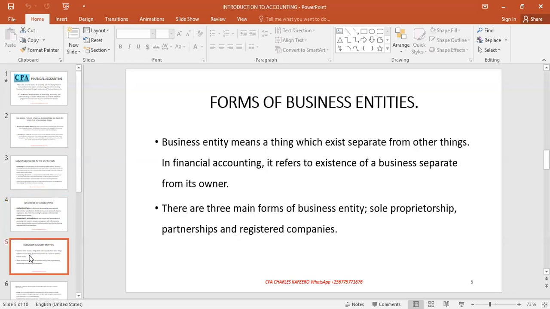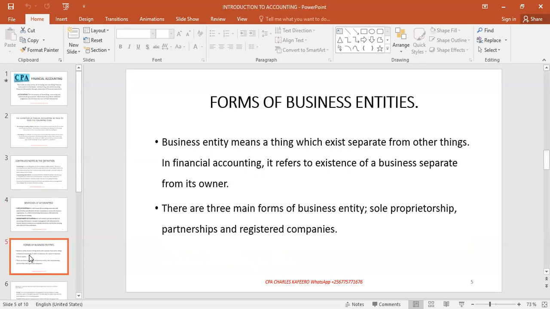I just wanted to give you a brief view of what you may find in the question paper. Allow me to proceed to the forms of business entity, but I want you to first understand what a business entity is, or what an entity is. An entity is a thing which exists separate from other things.